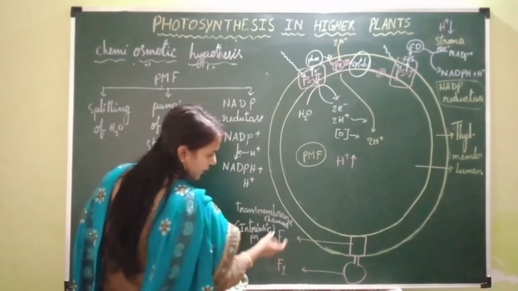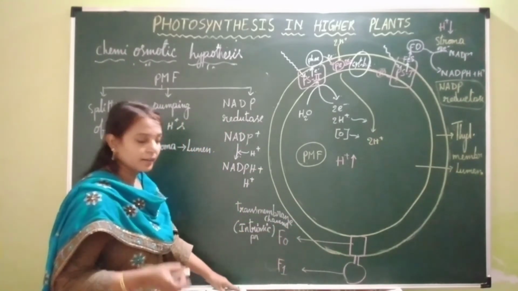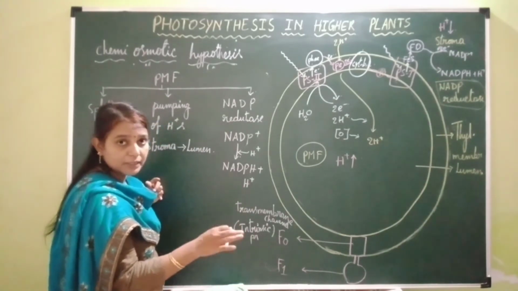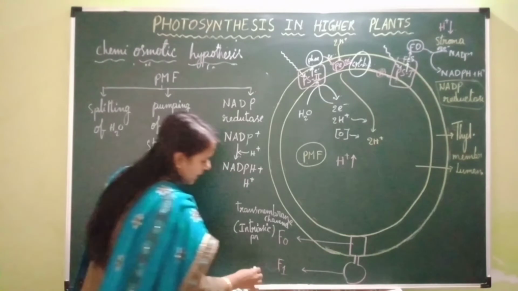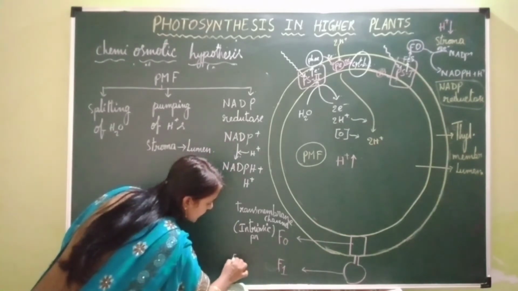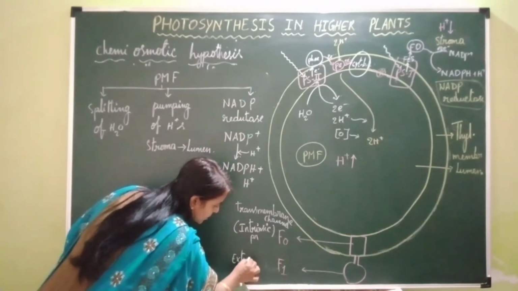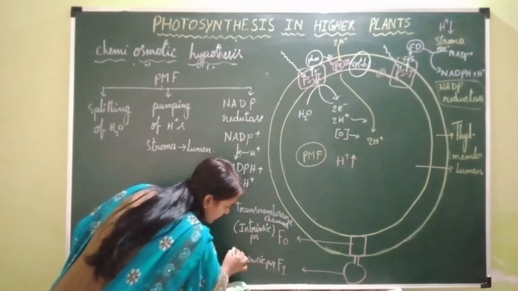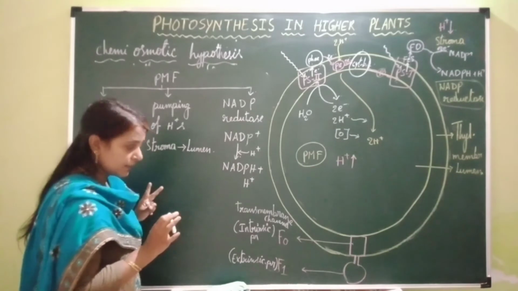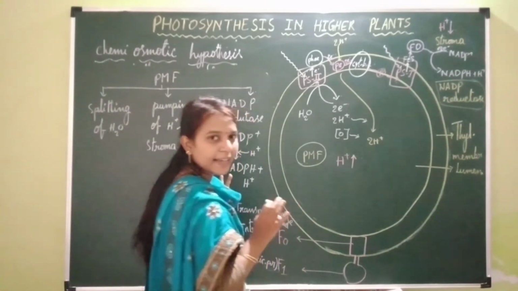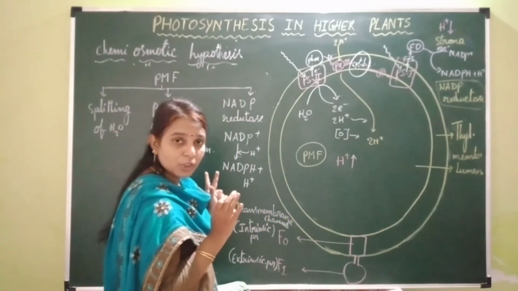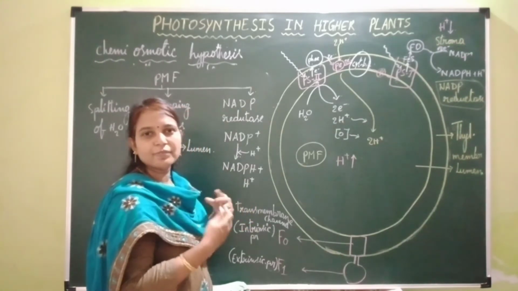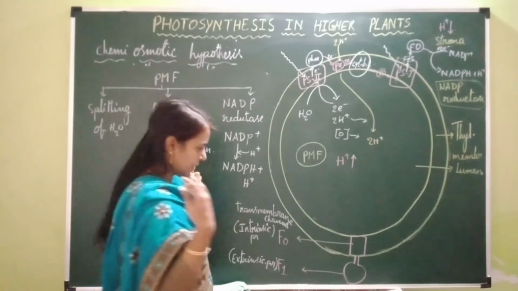Next, coming to the F1 particle. This F1 particle is protruding towards the outer side of the thylakoid membrane, that is towards the stroma side, and hence it is called an extrinsic protein. Along with this, it has the catalytic activity of this ATP synthase enzyme, which is required for the formation of ATP from ADP and inorganic phosphate.